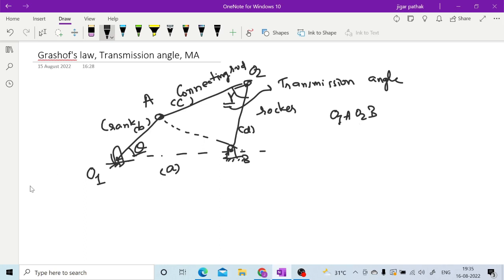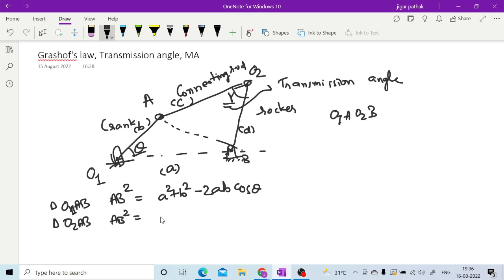AB is there in both the triangles, and if you apply the cosine law in triangle O1AB, you will have AB square equal to A square plus B square minus 2AB cos theta. Similarly, if you apply it in O2AB, you will get AB square equal to C square plus D square minus 2CD cos theta.